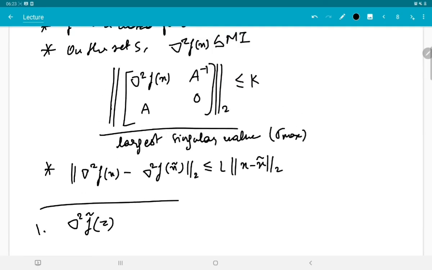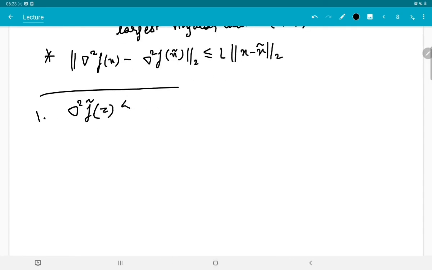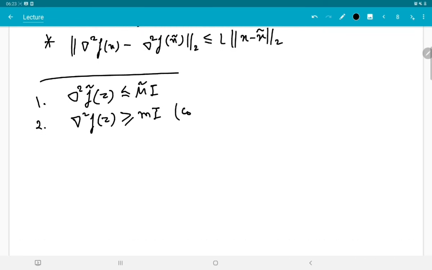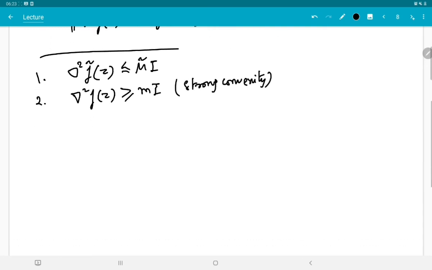So we have the Hessian upper bounded by some m, and this is lower bounded by some m. That is the strict convexity, strong convexity assumption.